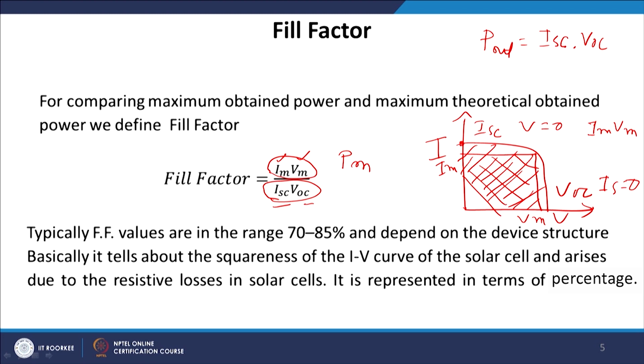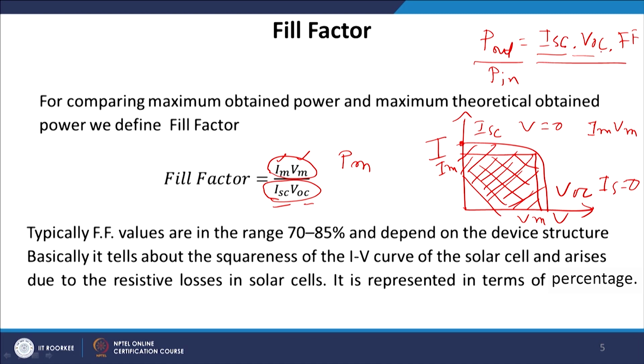Now, if I multiply my output power, which is short circuit current times open circuit voltage, by the fill factor, then what I get is the power output from a real solar cell. Now, if you divide by the power input, that is the amount of power I have put into the solar cell, which is coming from the solar radiation, then I have to divide ISC times VOC times fill factor by P input.